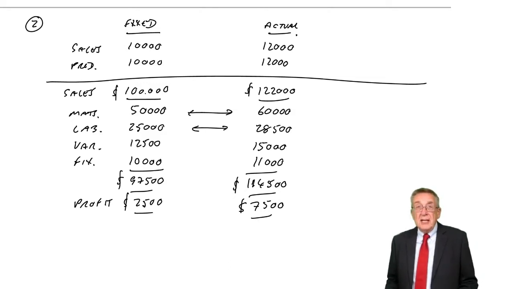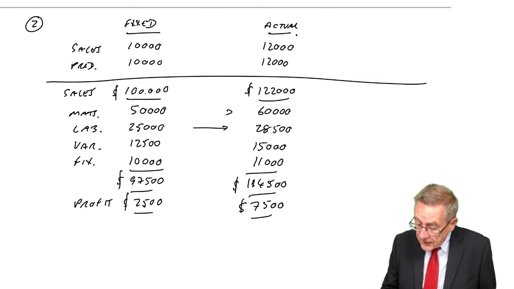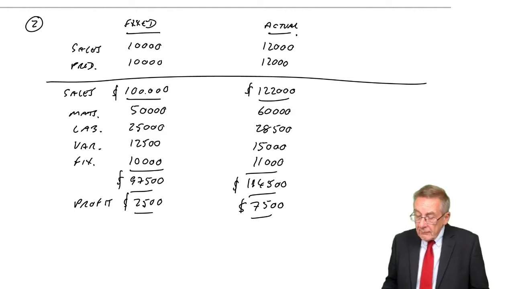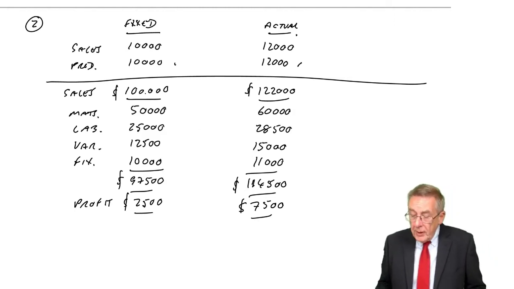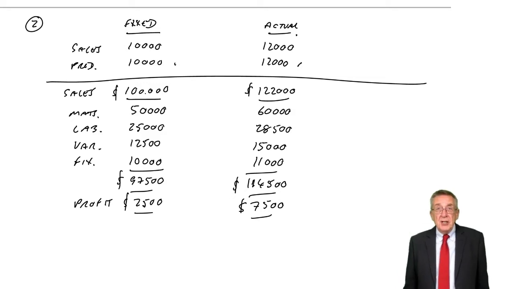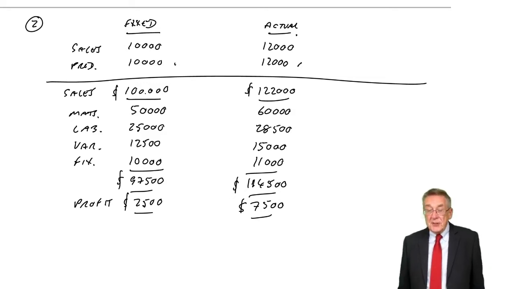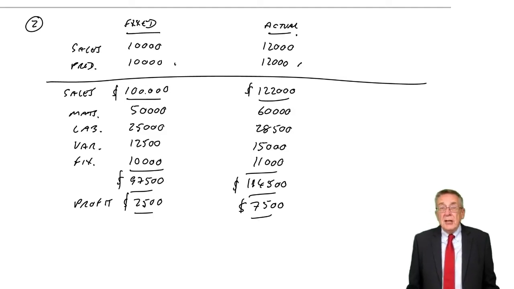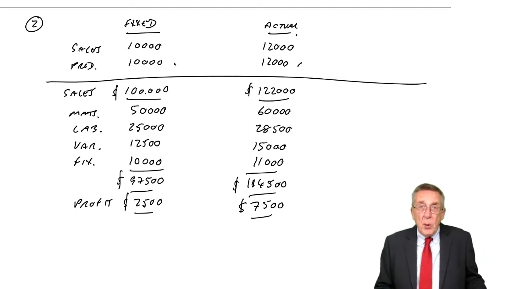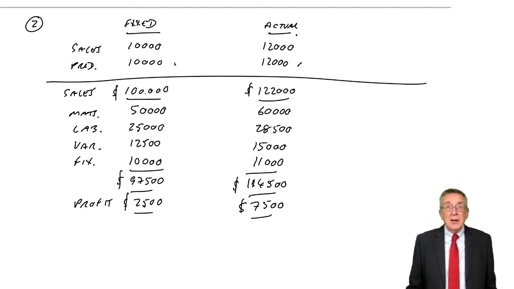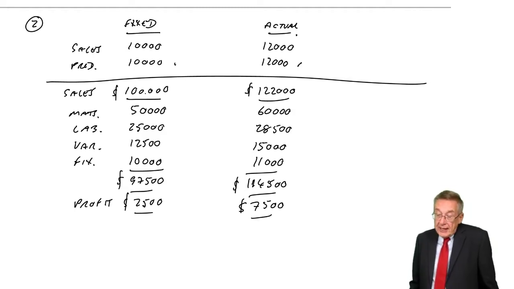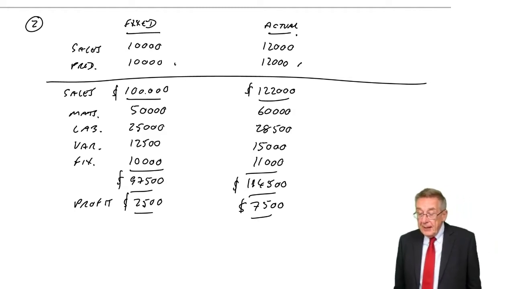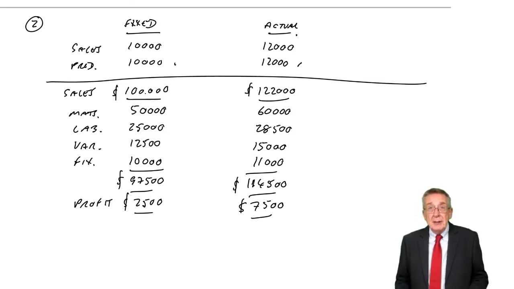And why would it be ridiculous? Because the production, we produced more than we budgeted. We produced 12,000 instead of 10,000. And obviously, you'd expect, therefore, to have spent more on materials, more on labour. It's not the materials manager's fault that we produce more units.